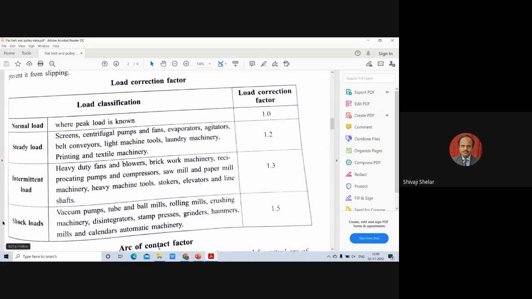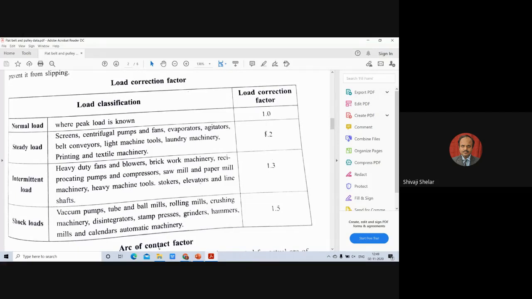If you consider extreme shock load, then your load factor will be equal to 1.5. You can consider your loading here is intermittent loading, and there is no very heavy shock. Shocks are there, but they are not continuous, so they are intermittent. So let's take the service factor for your current application, say 1.2.